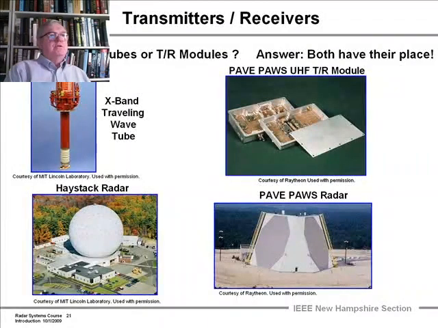Okay, now we'll move on to transmitters and receivers. We're going to have a section on receivers, how they work at microwave frequencies and in general, and how they're used.